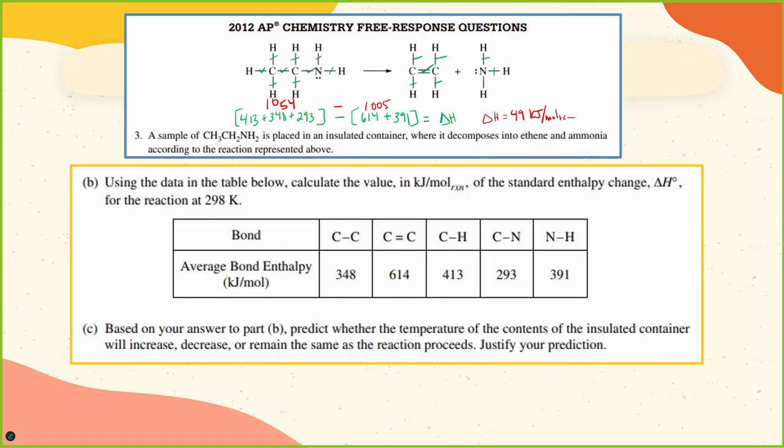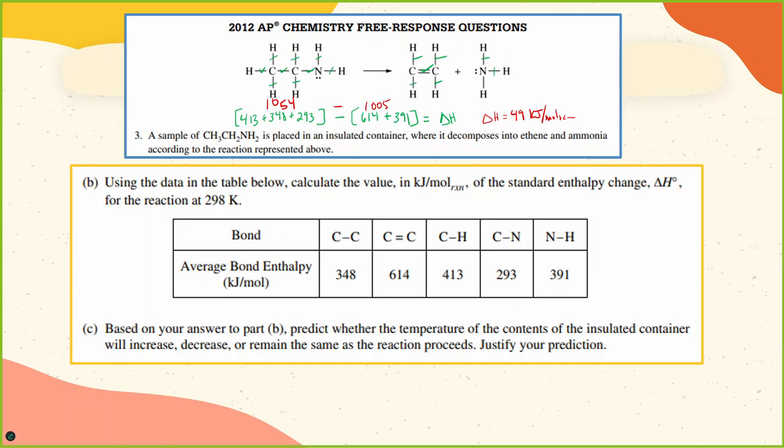So predict whether the temperature of the contents in the insulated container will increase, decrease, or remain the same. So the contents, I guess this is based off of an experiment where they were doing some kind of calorimetry with like a styrofoam container or whatever.